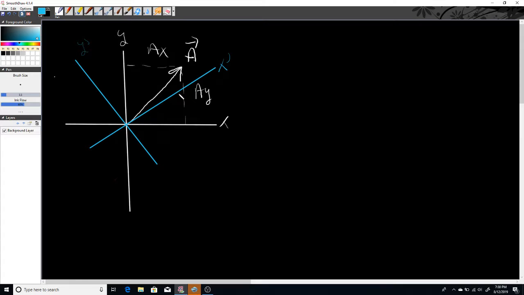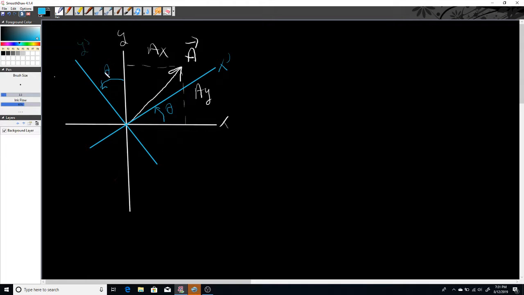Now we're looking at it in this coordinate frame. We're assuming that we already know what ax and ay are in the original coordinate system that's given in white. And for this new blue coordinate system, we know the angle at which it's rotated from the original coordinate system, and we'll call that theta. It's just slightly rotated, but otherwise it's exactly the same thing. And we know this angle of rotation.